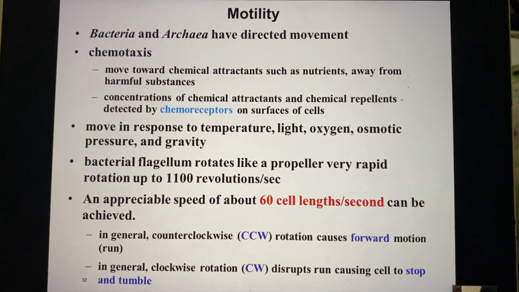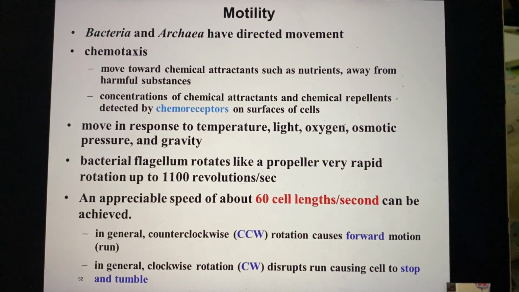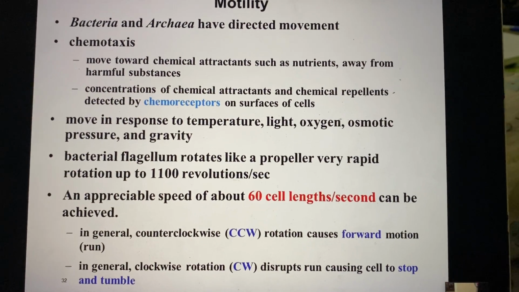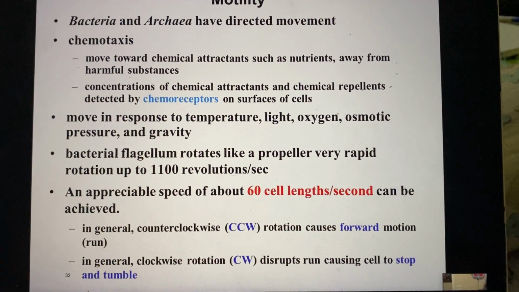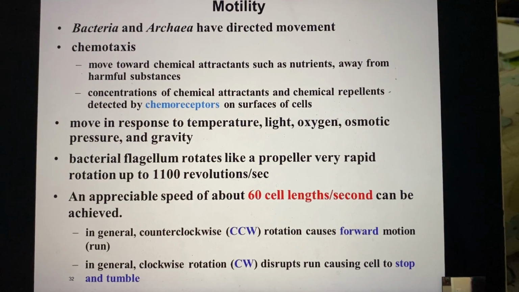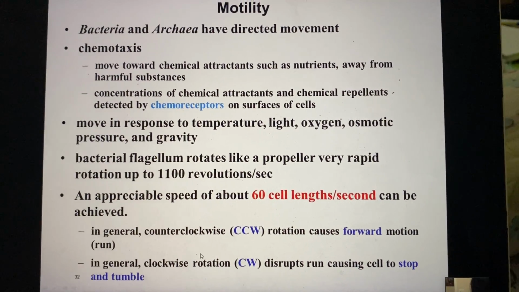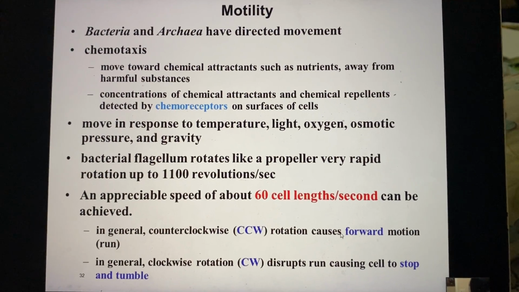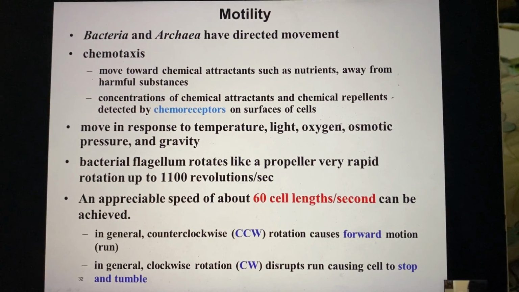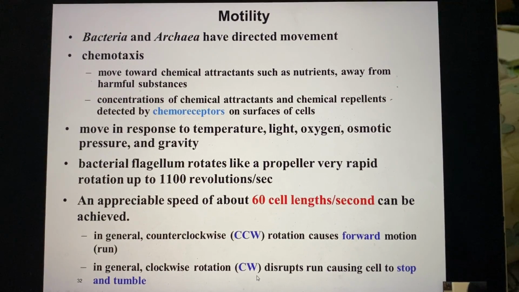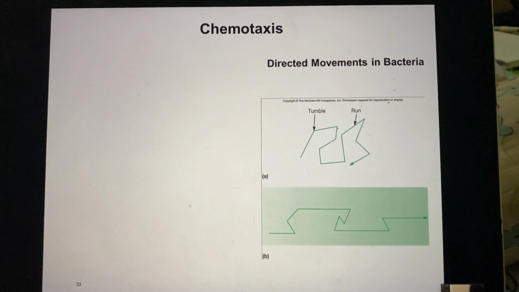So as fast as that, like your supercar. And I talked about already that the counterclockwise rotation of the flagellum causes a forward motion, whilst the clockwise rotation causes the stop and tumble movement.